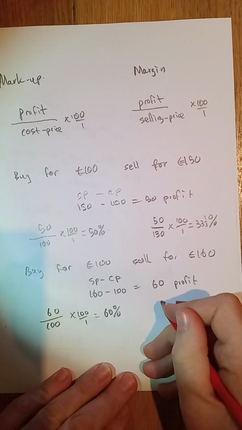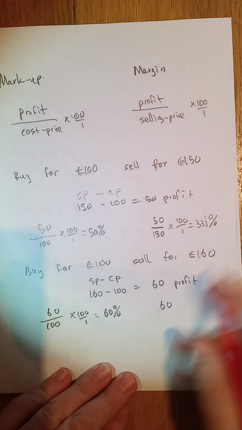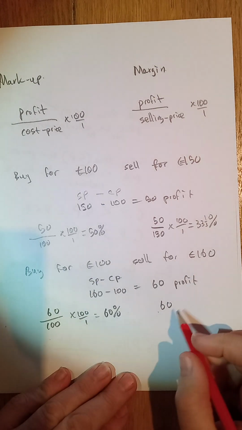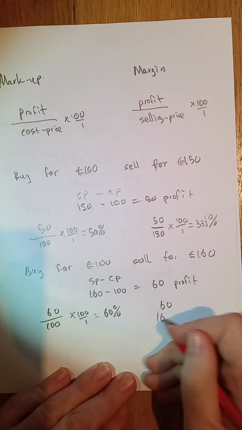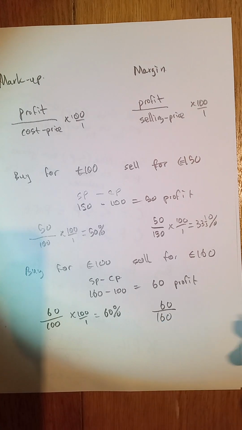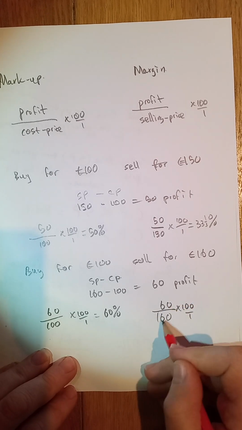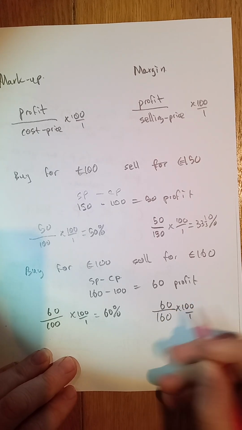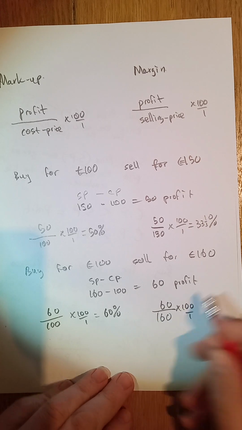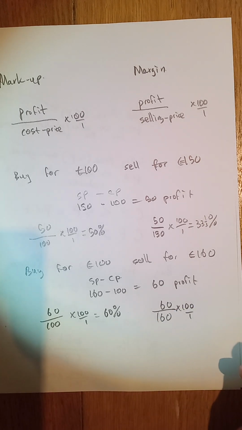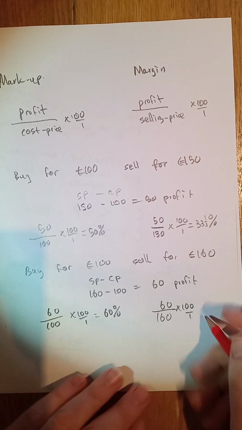Now let's do this one. Let's put the 60 over 160. Now, this is going to be a harder one, so you probably need your calculator for this, but feel free to use your calculator on this one. So you just put into your calculator 60 over 160, and you get 37.5%.